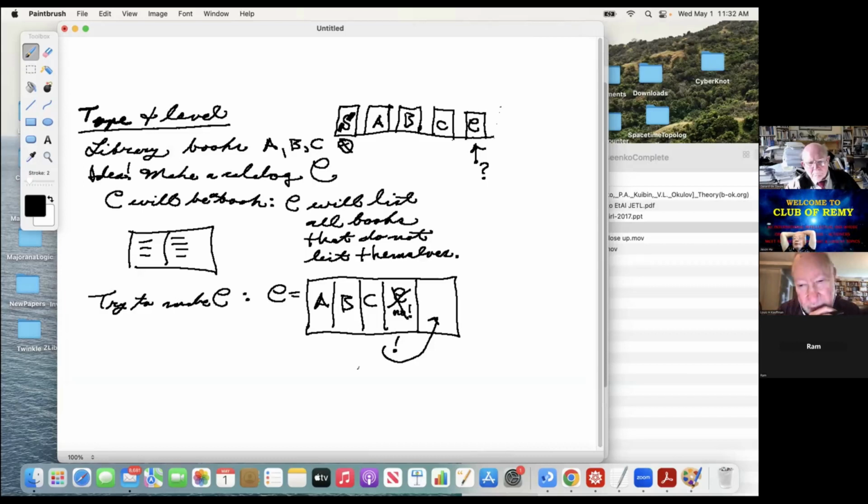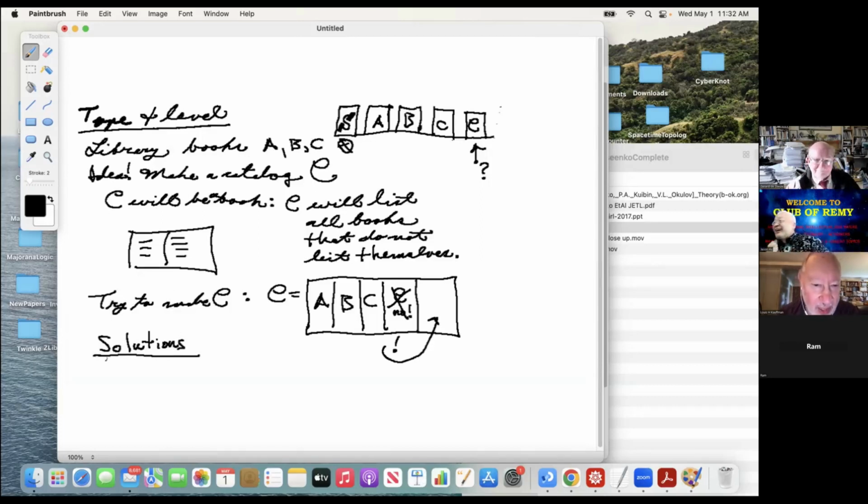Now, Jason, you just said that you would solve it by not making C a book. No, in practice, they use wooden boxes containing index cards. And problem solved. A wooden box containing index cards is not a book.